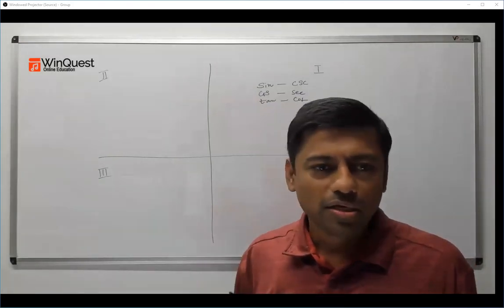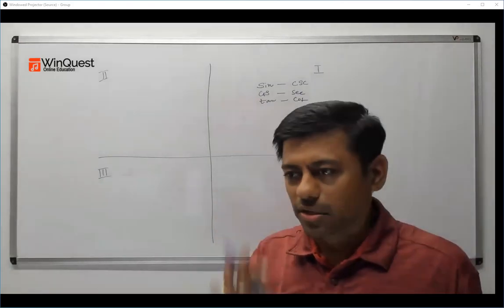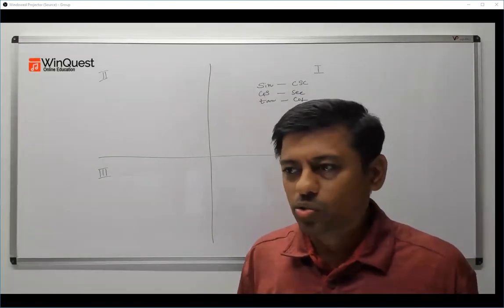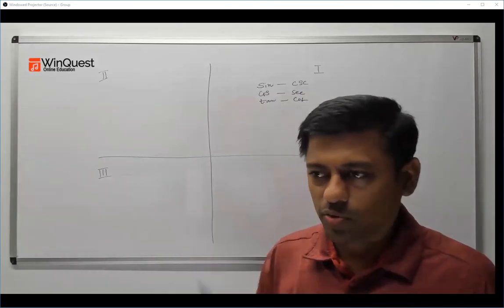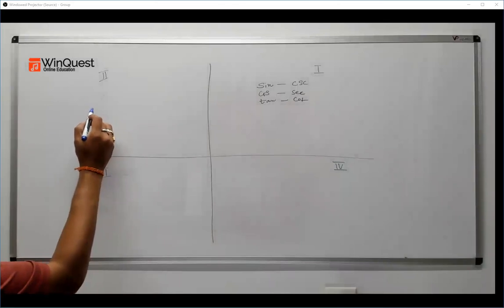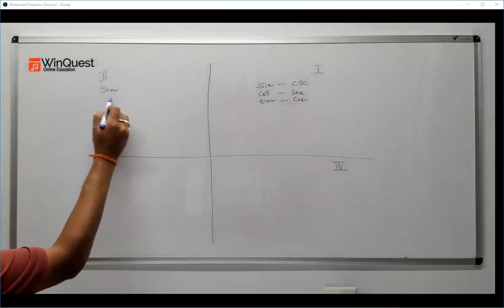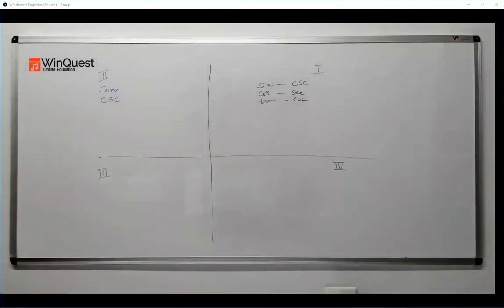Others just go away because they love to play Xbox and I am the Xbox champion. Rest, you guys talk about nonsense things, studies and all. I hate all those things. Don't come to my house. Now the second friend says, I will only welcome sine and its reciprocal, which is CSC. That's it.